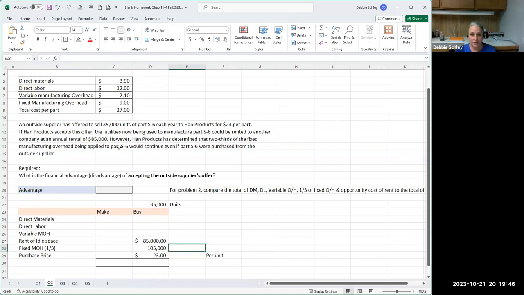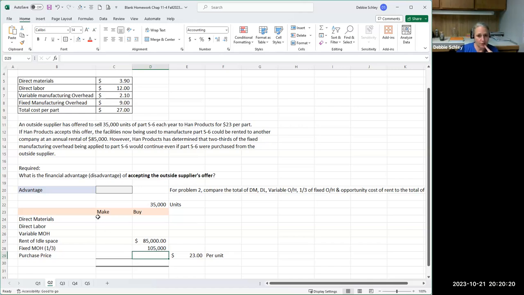Where were we at? Okay, what is the financial advantage or disadvantage of accepting the outside supplier's offer? Okay, and I'll show you why we put this over here in just a second. And I actually put that in the wrong place. So I want to put my total right there. So $23 per unit is my purchase price.